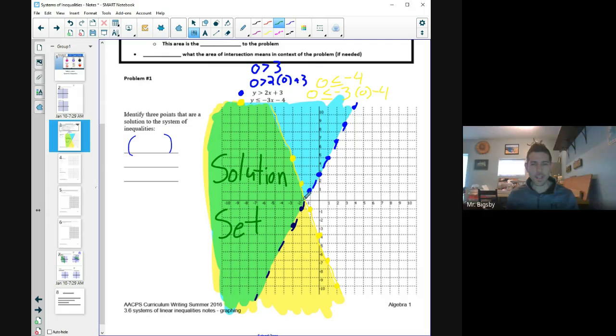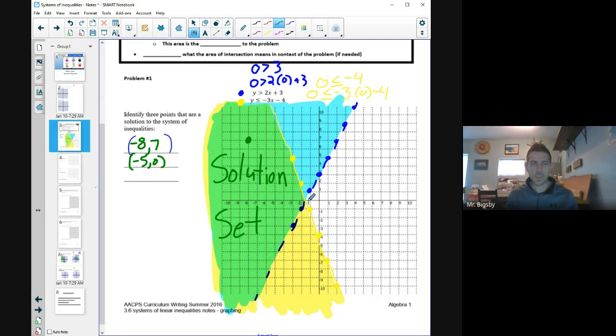That means that any ordered pair, such as -8 and +7, this ordered pair right here, would be a solution. You could plug those x and y values into both inequalities and it will make a true statement. And of course, there's a lot of ordered pairs that will fit in this solution set, such as -5 and 0.